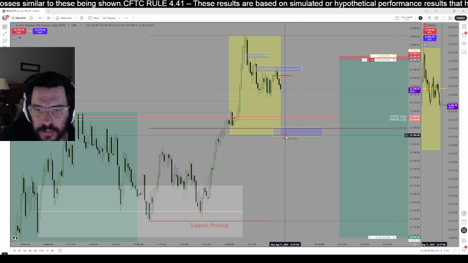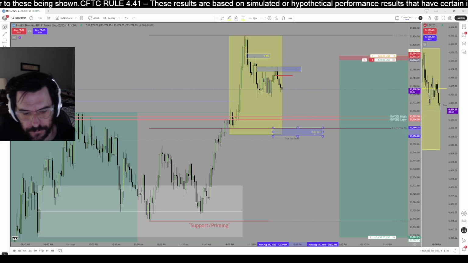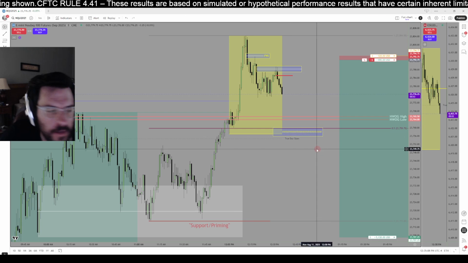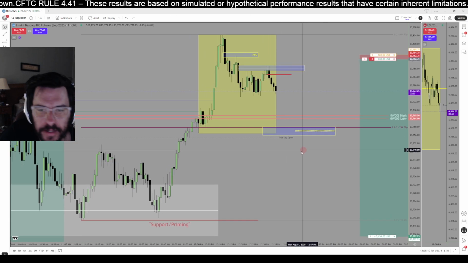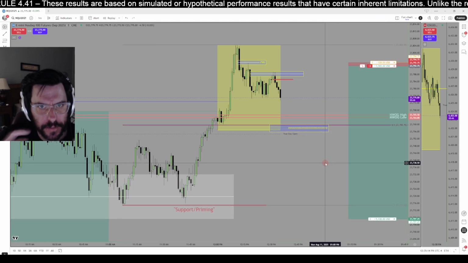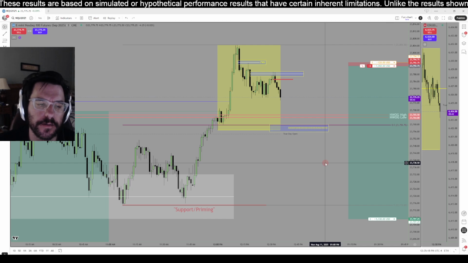Like I said, I want to see this area right here really produce a big gap in the mid range of that.